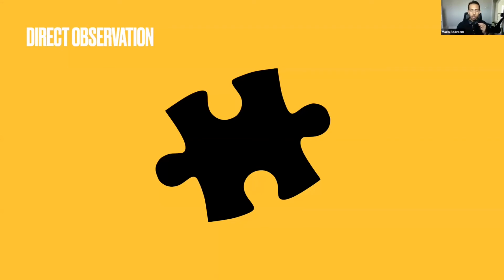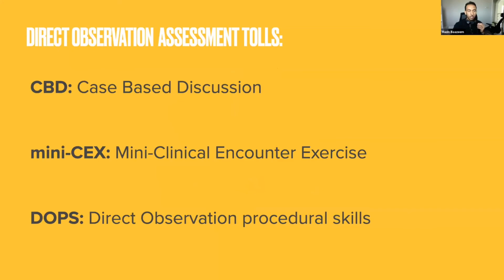So I advise them to do at least 16 for each tool, so we will be able to understand their level and they will be able to use it. So what are these 3 competency direct observation assessment tools, or workplace-based assessment tools, to assess competencies?